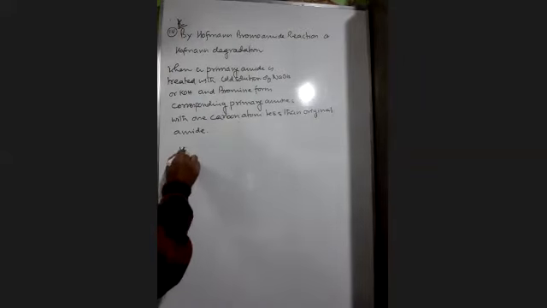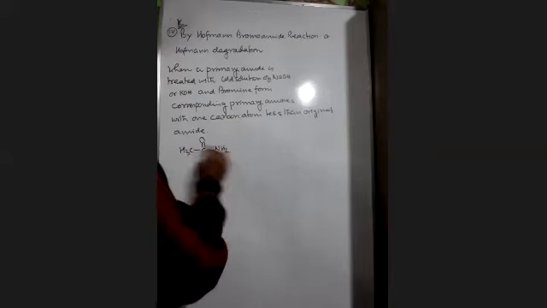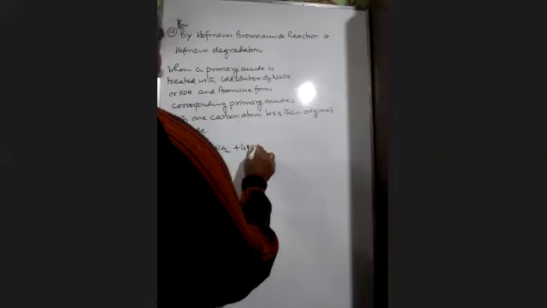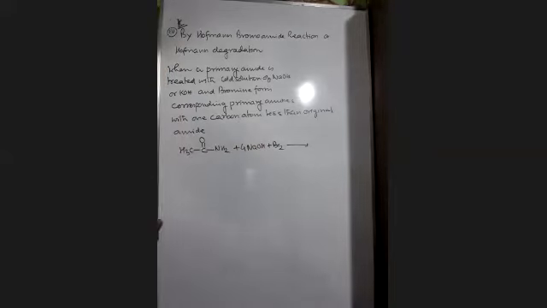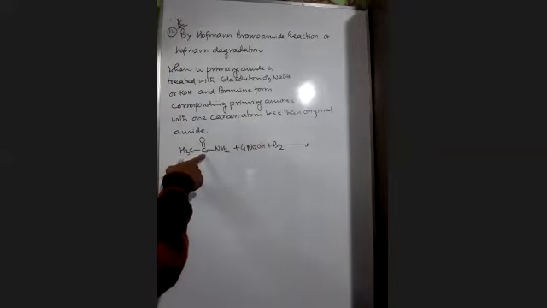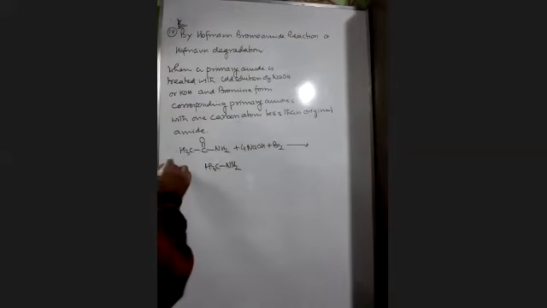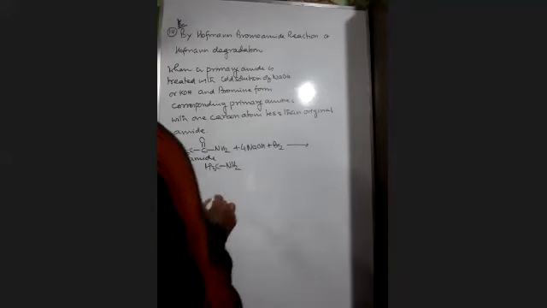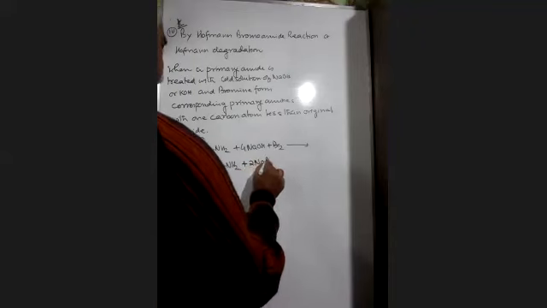So suppose I have taken here CH3CO NH2 and I have added here sodium hydroxide and bromine. You'll get here, see this will go, you'll get here CH3 NH2, okay, plus you get here 2NaBr.